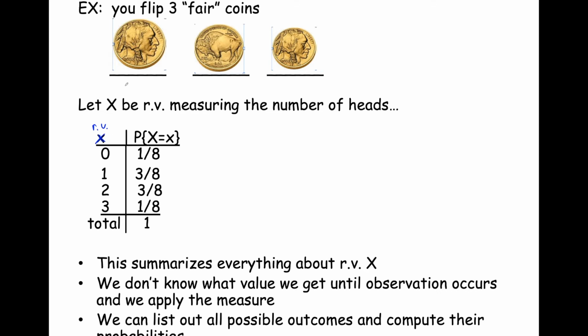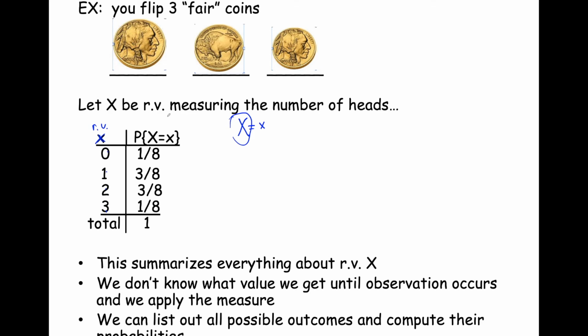When you talk about the variable itself representing the function, you use the uppercase. So random variable big X takes on a value little x, and that's how we note that mathematically in a general way. So what can the value little x be? It can be 0, 1, 2, or 3, however many heads that this random variable big X takes on.